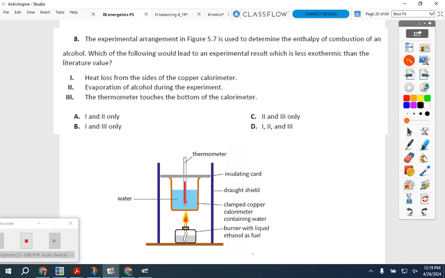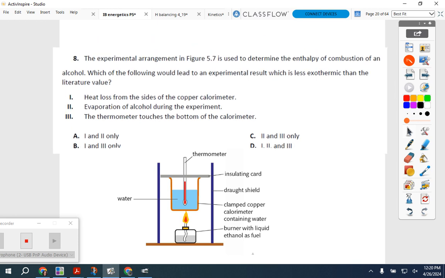So if I am losing alcohol that is not being burned, I'm going to think there are more moles of alcohol contributing to that heat than actually were, because if it's just evaporating and not burning, it's not going into the heating of the water.